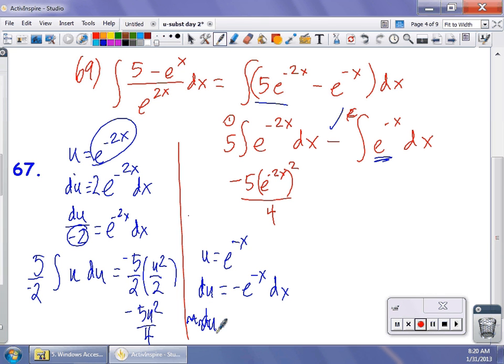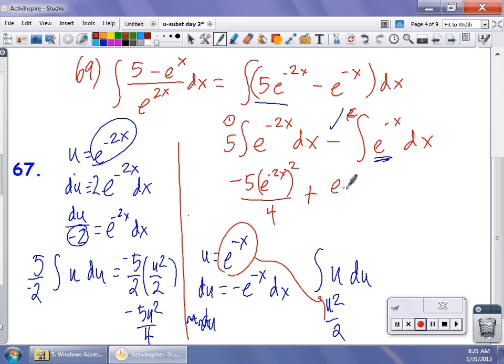So when I make my u substitution, the integral is u du, and when I find the antiderivative, I get u squared over 2. So when I resubstitute, I will get plus, I'm going to put e to the negative x back in place of u.